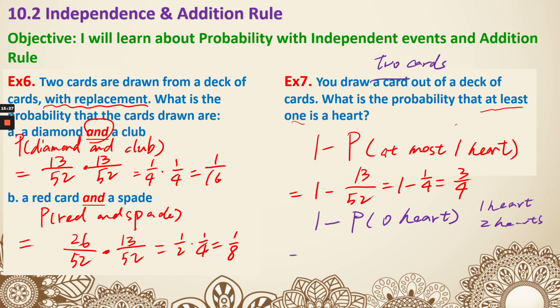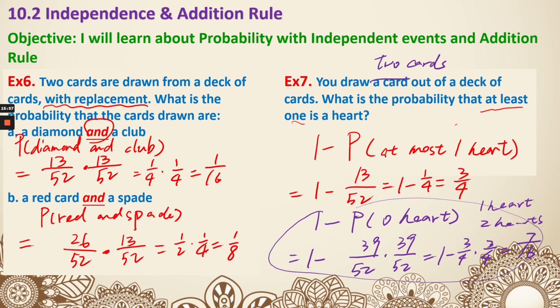So 0 hearts. If you're getting 0 hearts for 2 picks, the first pick out of 52, you didn't pick any heart, that would be the other 39 cards. Second pick, same thing, put it back, so you have another 39 to consider for the second pick. That's going to be 1 minus 3/4 times 3/4, which simplifies to 1 minus 9/16, so 7/16. And this is actually more useful, to calculate the complement.